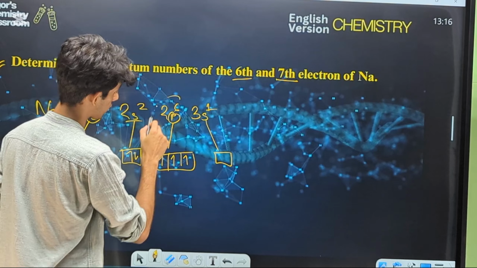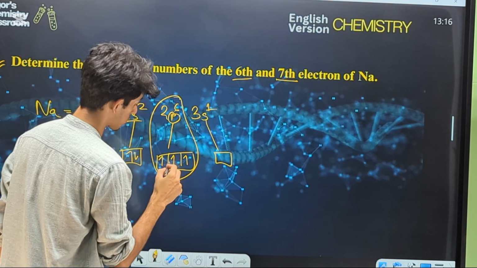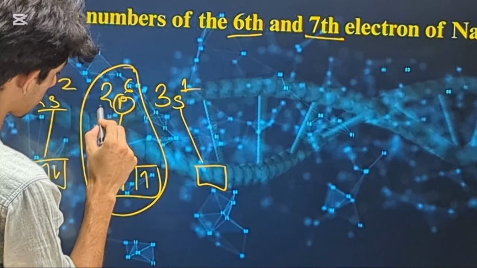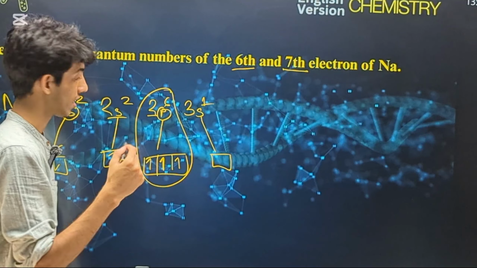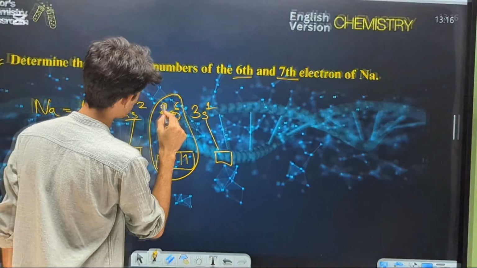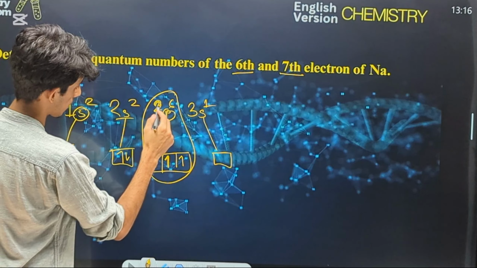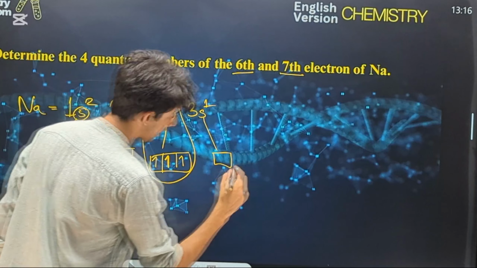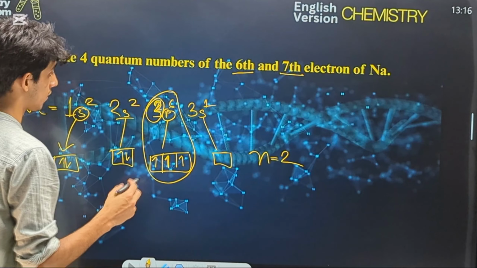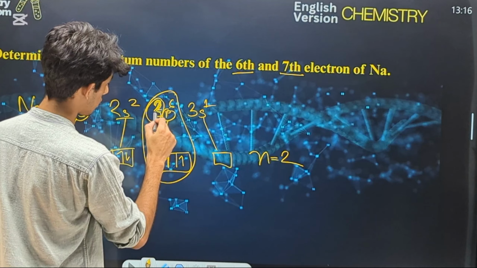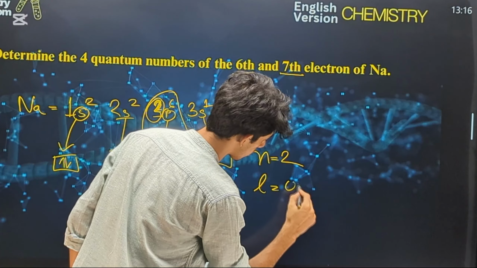In this electronic configuration, we have got the location of the electron in the shell. So the value of the principal quantum number n equals 2. For n equals 2, l will be 0 and 1.